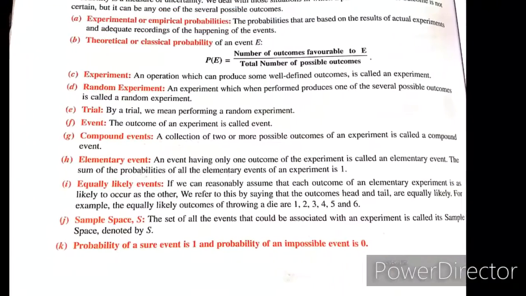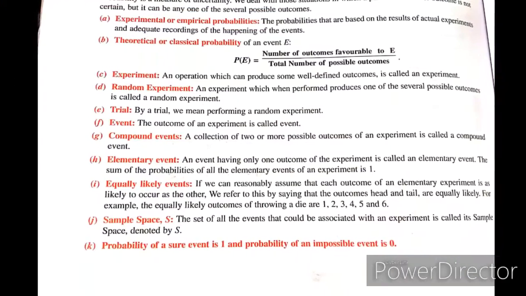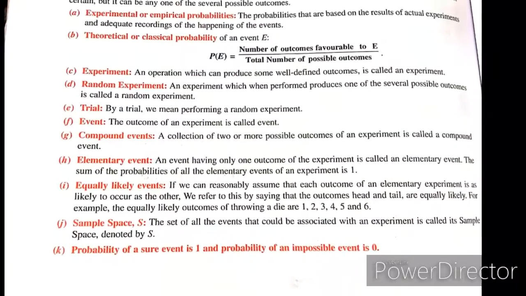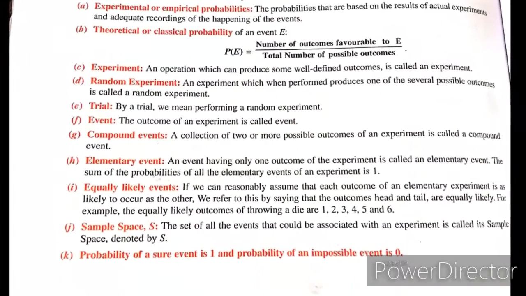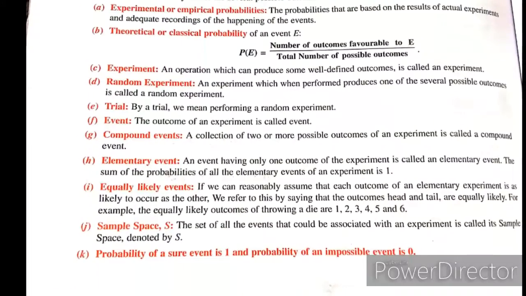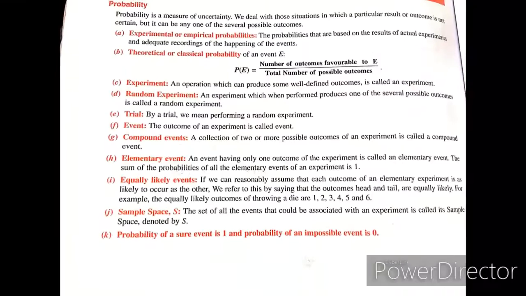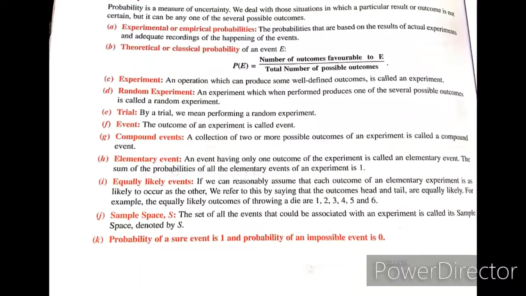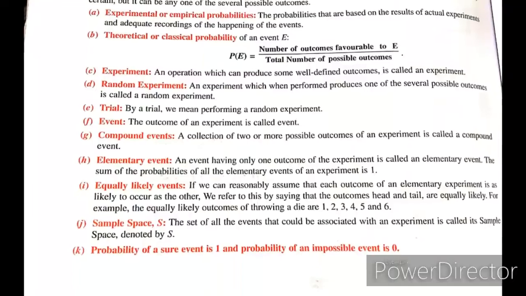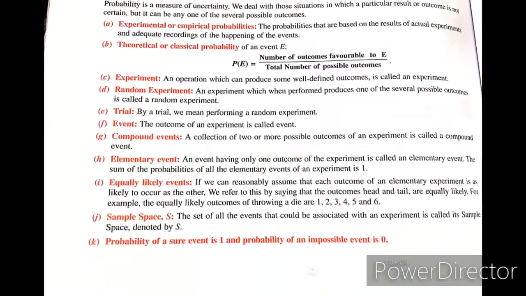Next one, compound events. An event which has more than one possible outcome is called a compound event. Elementary event: an event which has only one outcome is called an elementary event. One thing we have, the sum of probabilities of all the elementary events of an experiment is 1.